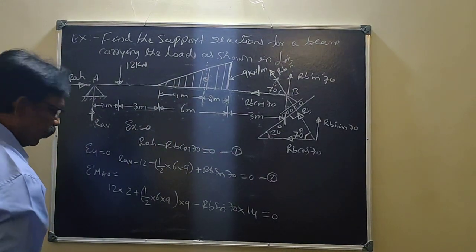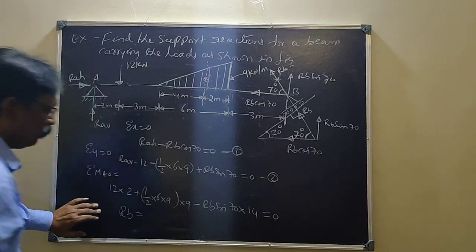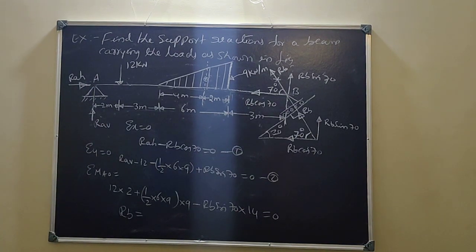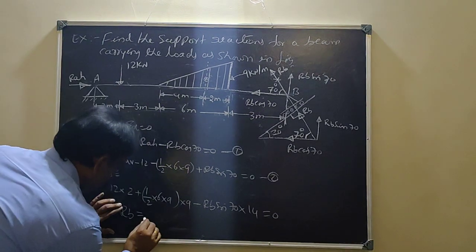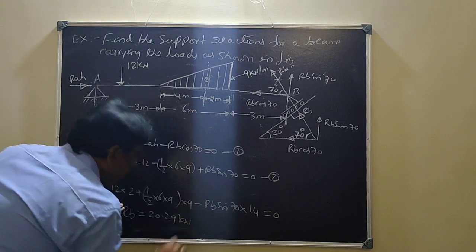On simplification you will find that RB is equal to 20.29 kilonewton.